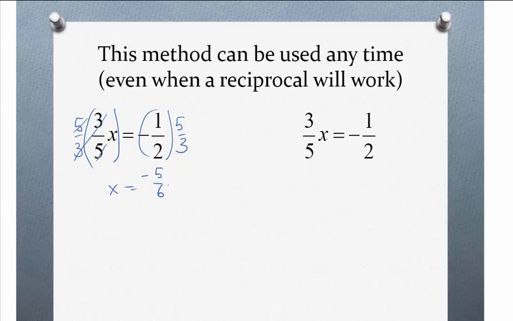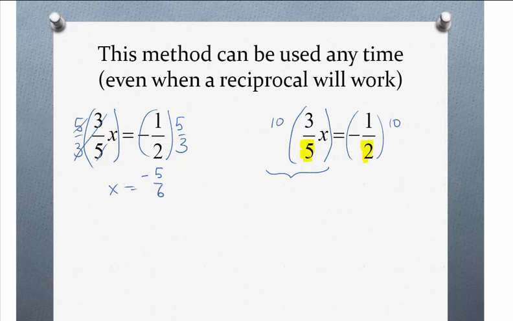Now, I just wanted to show you that we could also use the method we were just talking about, which is to look at the common denominator. In this case, I've got a 5 and a 2. So the common denominator there is 10. So if I wanted to, and I didn't want to worry about a reciprocal, I could use the same method. Multiply by 10.